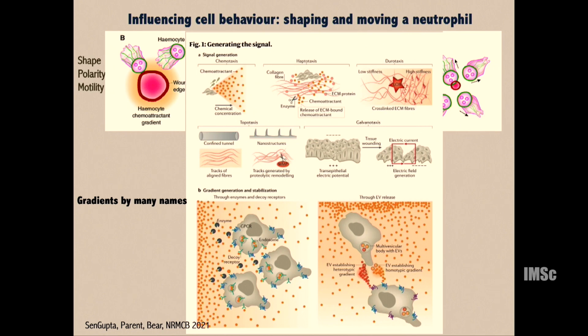material properties of the substrate on which these cells are moving could form a gradient. For example, you could have a material that either has a gradient of stiffness or just two discrete regions, high and low stiffness, that could preferentially attract these neutrophils.